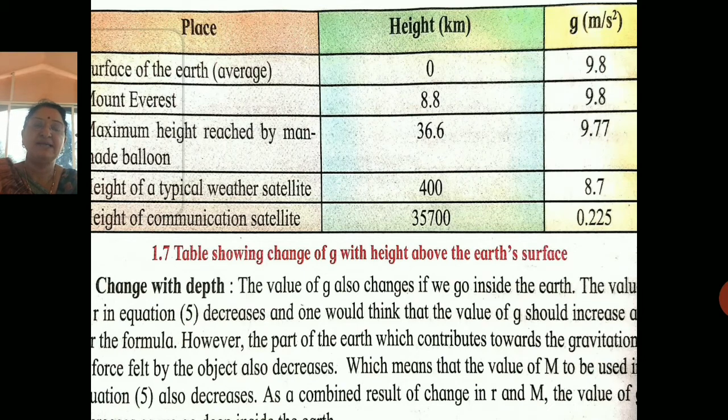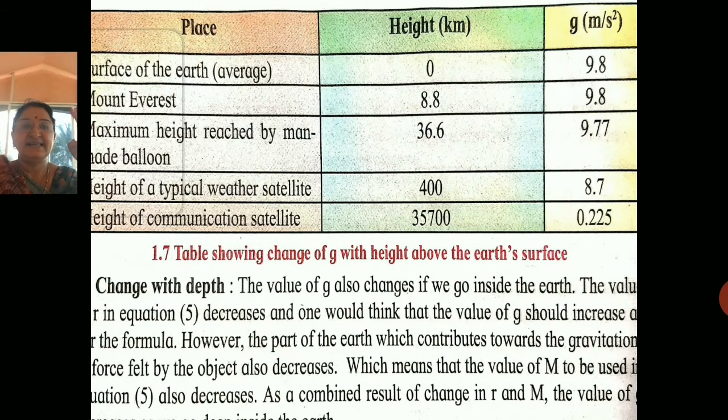At that point, the gravitational acceleration, the value of g, is lowest, or equal to 0. So at the center of earth, weight of any object is 0, but that object has certain mass. Mass is not 0 at the center of earth.